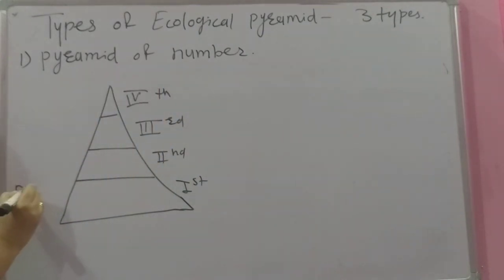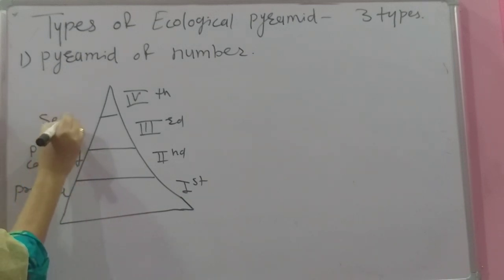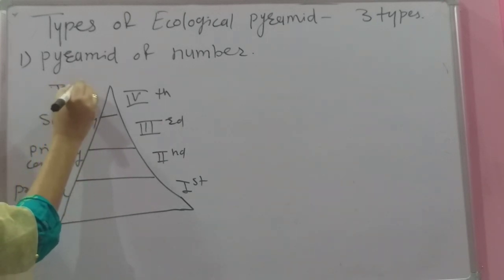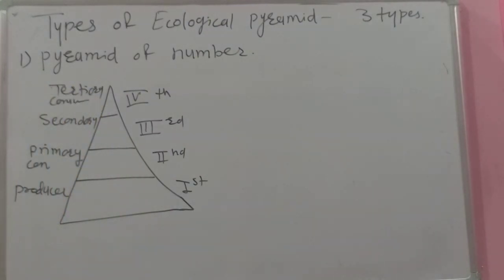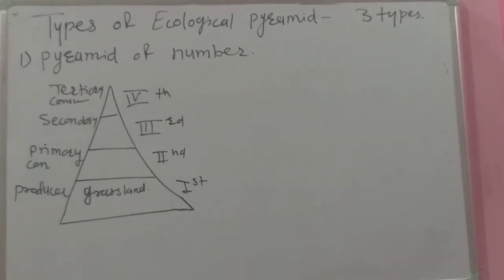Then producers, primary consumer, then secondary consumer, and last one is the tertiary consumer. The ecosystem is, for example, the grassland ecosystem.